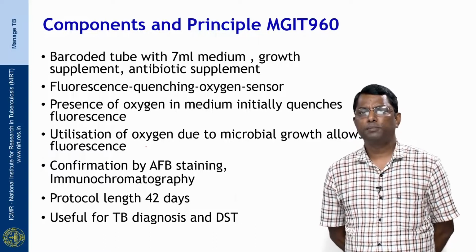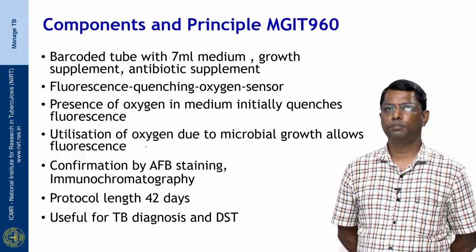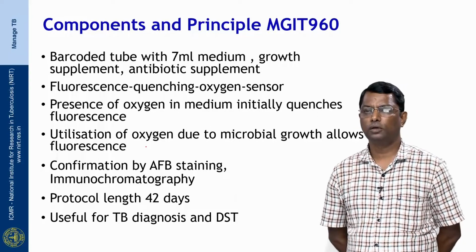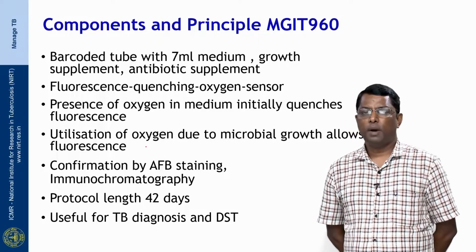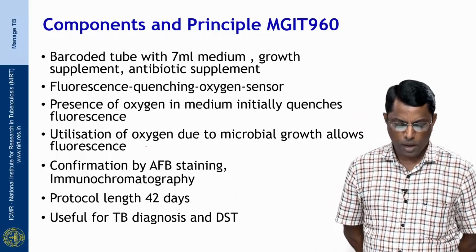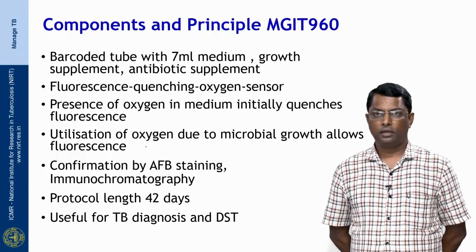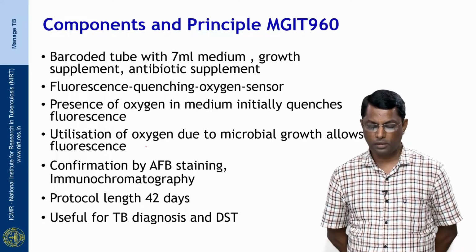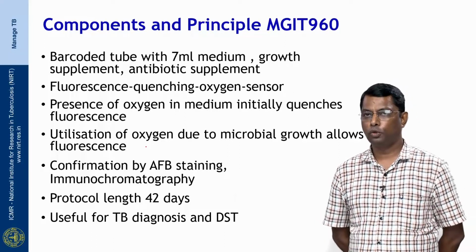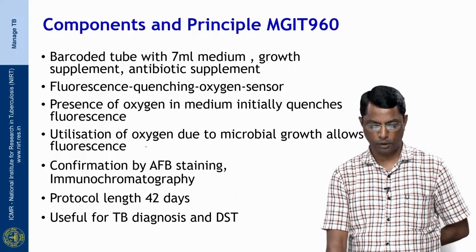Now, what is the principle behind this MGIT960 or MGIT tube, which is called the Mycobacterial Growth Indicator tube? It has a barcoded tube, and this barcoded tube has 7 ml of medium, and when it is inoculated along with growth supplement and antibiotic supplement to prevent the growth of normal flora which are present in sputum.